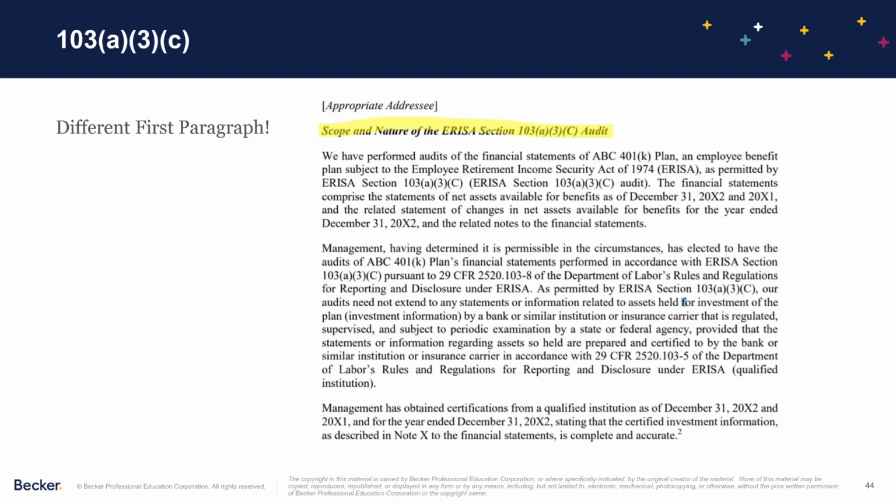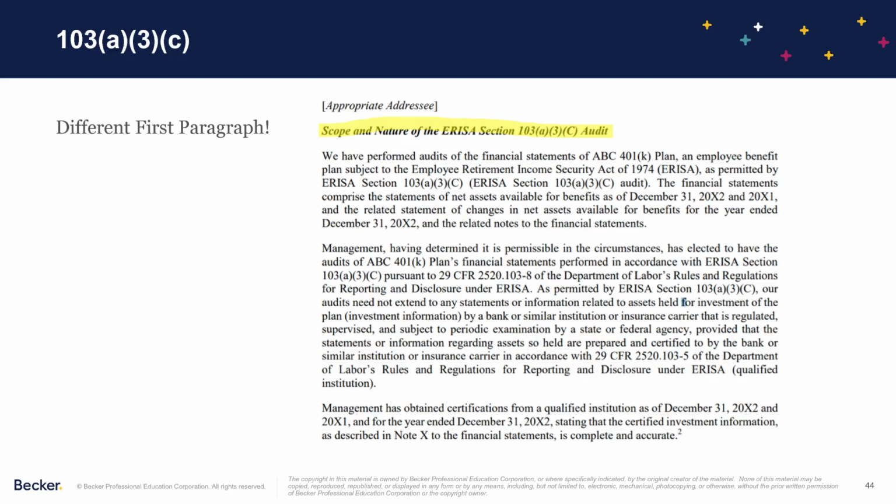We then have a paragraph that says management has obtained certifications from a qualified institution as of December 31st, 2022 and 2021, and for the year then ended December 31st, 2022, stating that the certified information as described in Note X is complete and accurate. So they have both elements there.